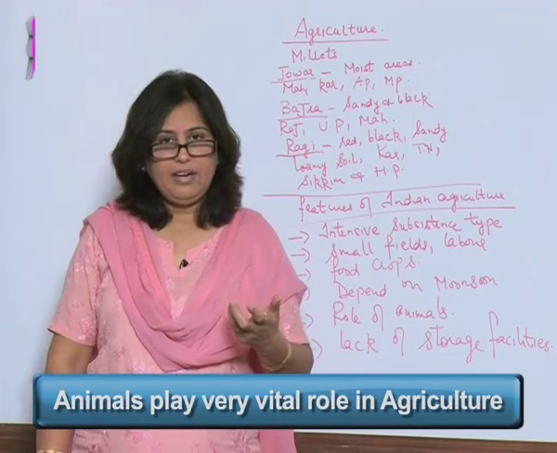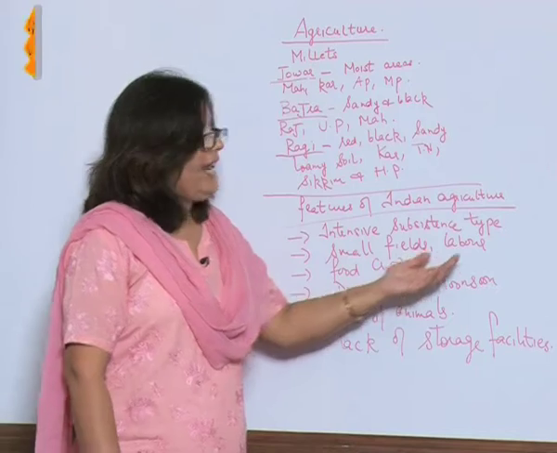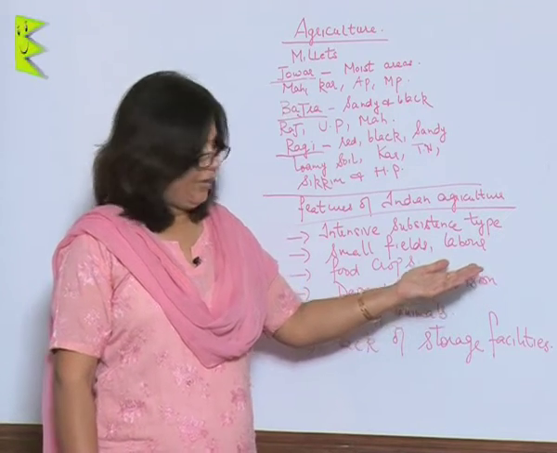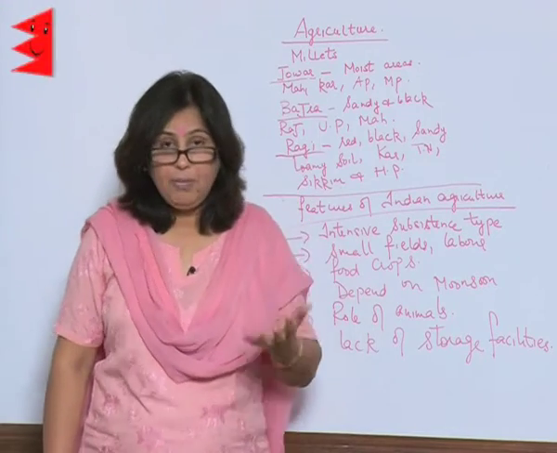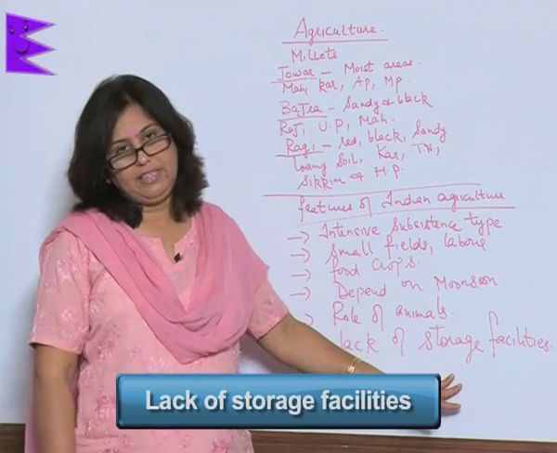Since we do not have tractors or other machinery, the animals help human beings in cultivation and in cropping. Last but not the least, the farmer does not have proper storage facility.